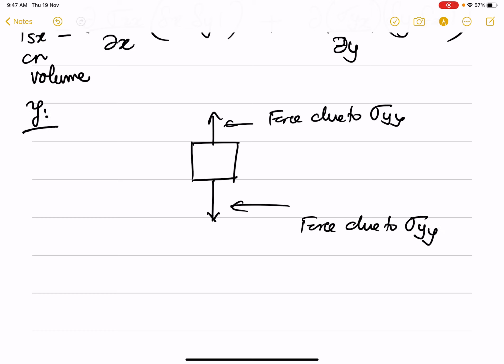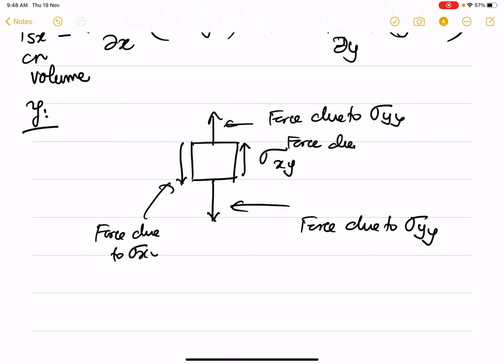Now we are talking of the y direction. On these faces, there will be sigma xy, so the force due to sigma xy has to be accounted for, and it will be force due to sigma xy again.